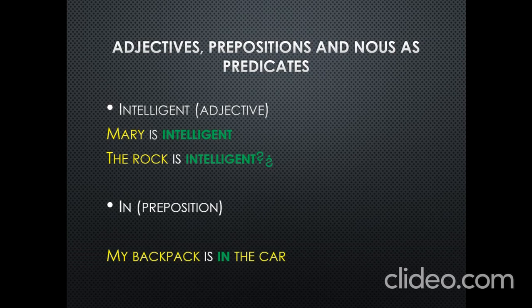Okay? So we only have the preposition in. And if you come to think of it, it makes sense because the preposition in requires somebody or something to be located somewhere. Okay? So in this sense we say that in can be a predicate, a predicator.